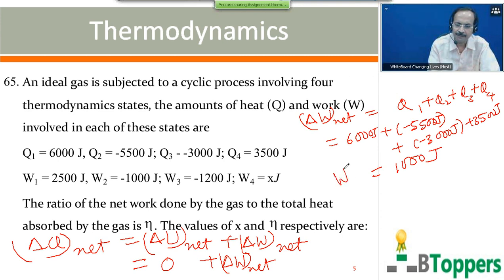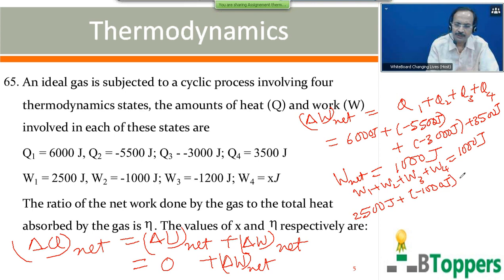So net amount of work done can be written as W1 plus W2 plus W3 plus W4. So W1 is 2500 joules. W2 is minus 1000 joules. W3 is minus 1200 joules.